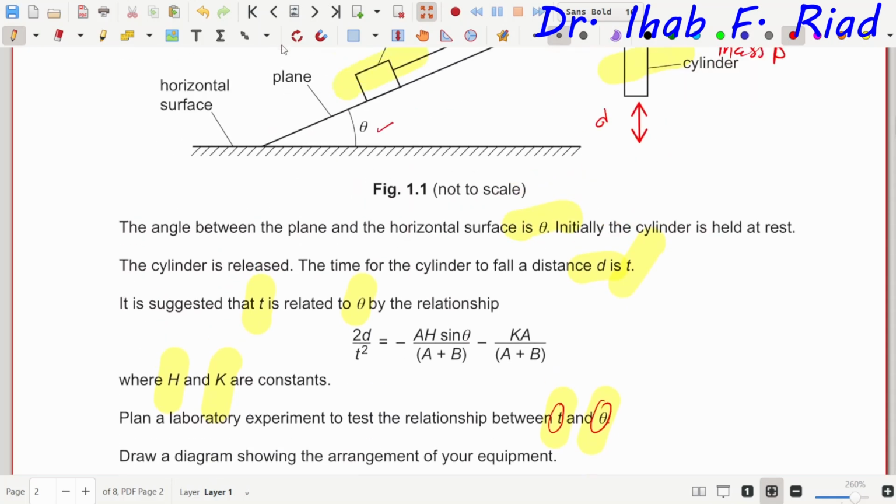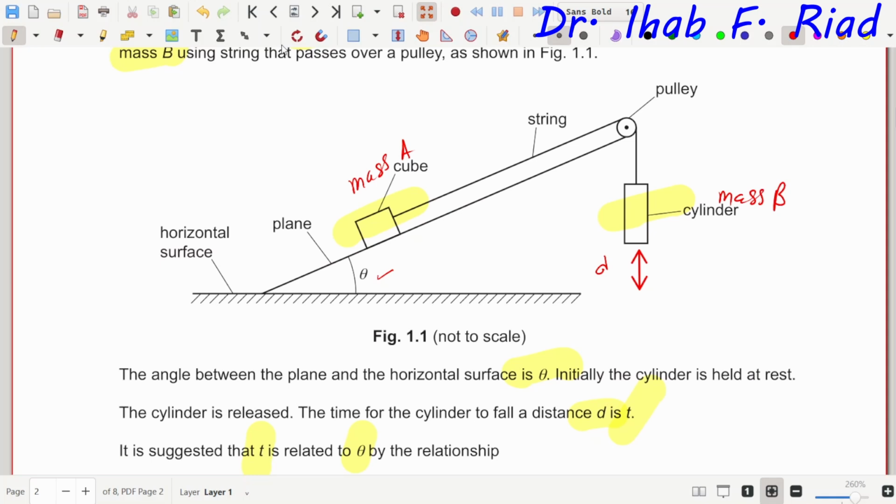So as the experimenter, you are fixing the inclined plane at an angle theta, and you are setting the cylinder to a height d as indicated over here.